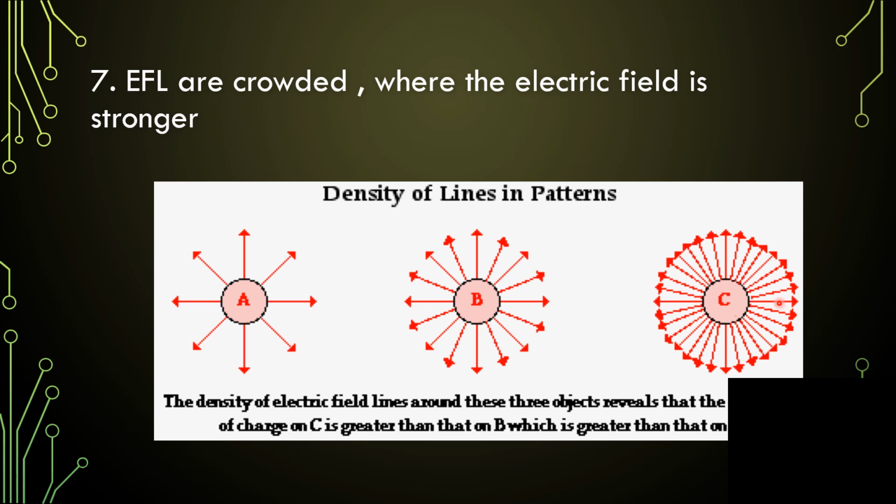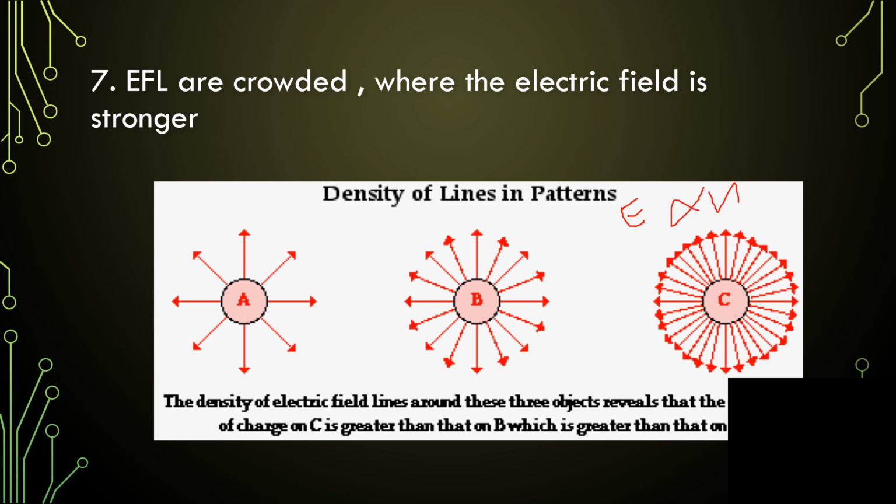But if you compare B with C, the field lines are crowded in C, right? So more field lines are there. If the field lines are closely spaced, if they are crowded, then the electric field is more there. So the electric field is stronger if the field lines are crowded. Is it clear, student? Therefore, the electric field is directly proportional to the number of field lines.